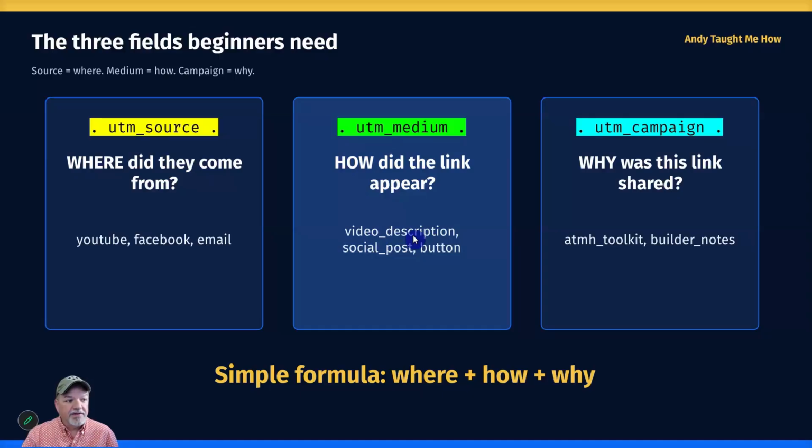Whether it was in the video description or on a social post or on a button or a QR code. The UTM campaign, why was this link shared? It could be whatever it is that you are building a campaign for marketing your platform. In our case, it could be ATMH Toolkit or the Builder Notes. This is the simple formula that you need to remember. Where plus how plus why.